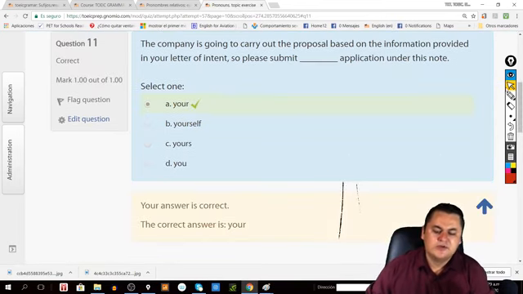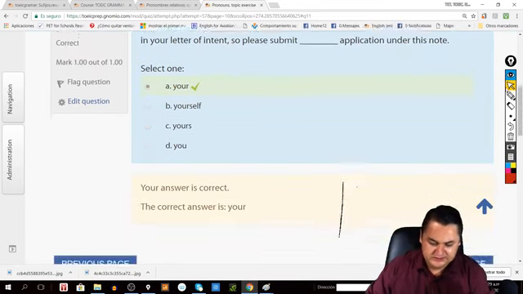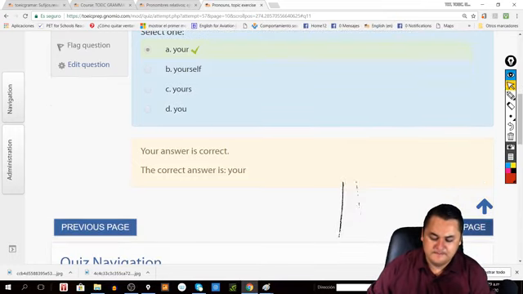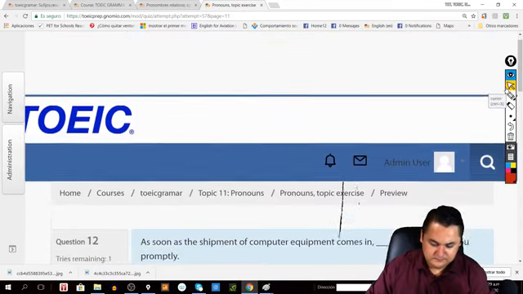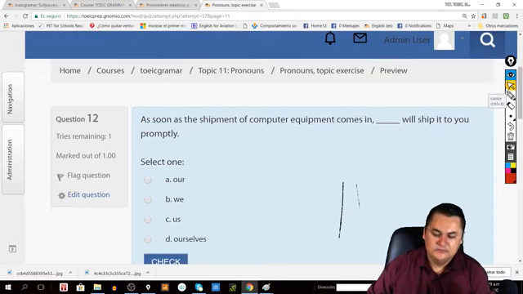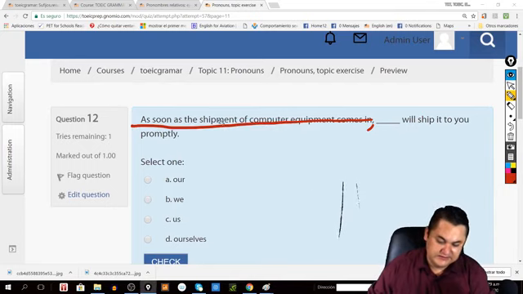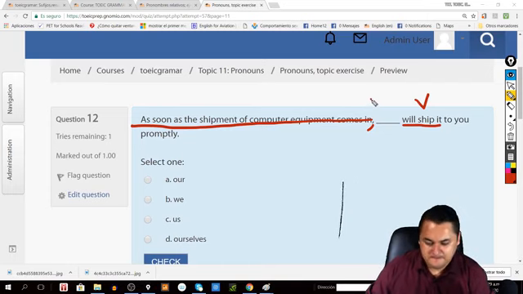So, please submit your application. The sentence we have here has a comma, so I can forget about the first sentence. And in here, will ship is a verb. So we need a personal pronoun. And the personal pronoun from here is we.